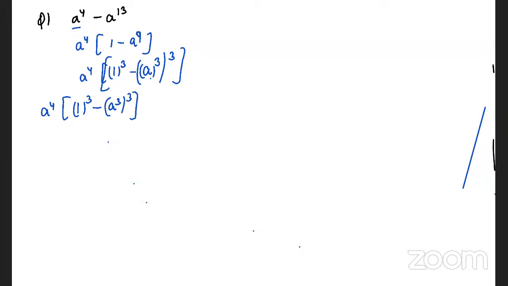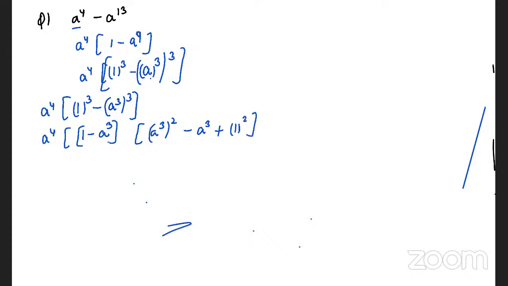Now A plus B, A minus B, the same identity I have to put. That becomes 1 minus A cube, then A cube square minus A cube into 1 and into 1 square.